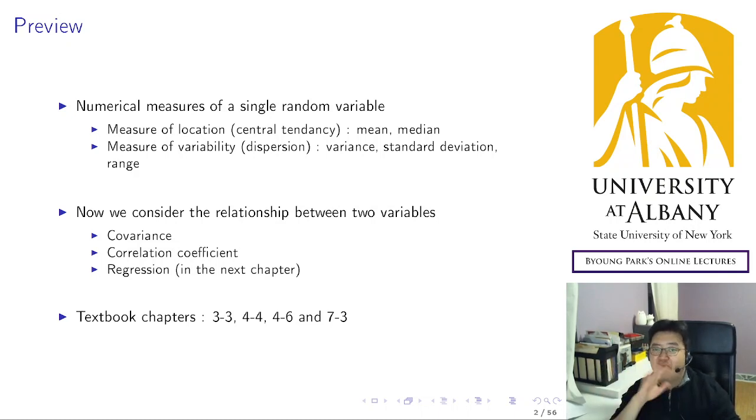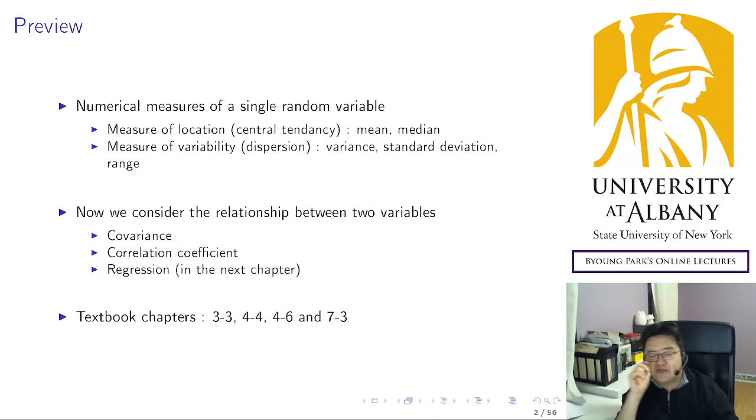And then in chapter 4, we learned measures of variability or dispersion, spread, inequality. Like for example, variance, standard deviation, range, interquartile range. So those capture dispersion, right? How variable the random variable is or how spread out the distribution looks.